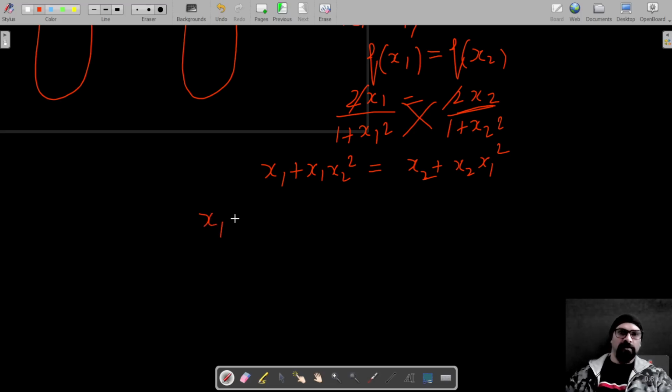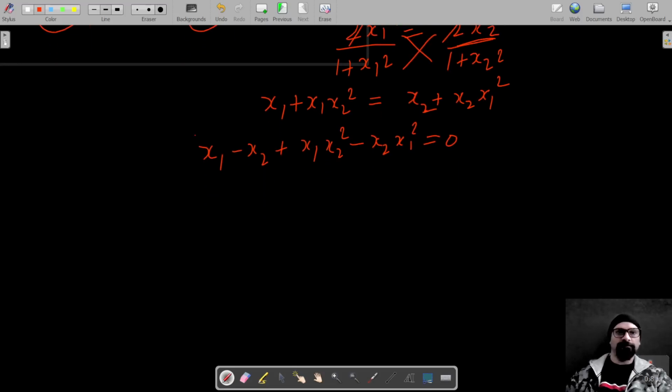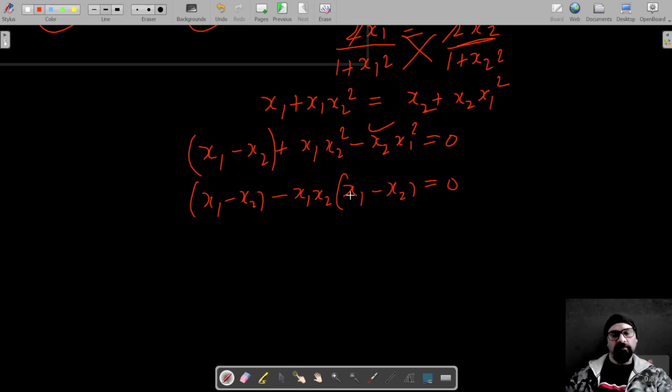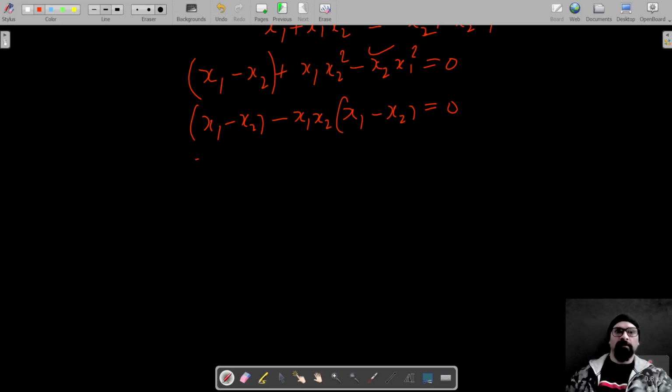Rearranging them gives me x1 x2 square minus x2 x1 square is equal to 0. So let's take negative x1 x2 out, so this becomes positive, which gives me x1 minus x2 common. We are now left with 1 minus x1 into x2 is equal to 0.